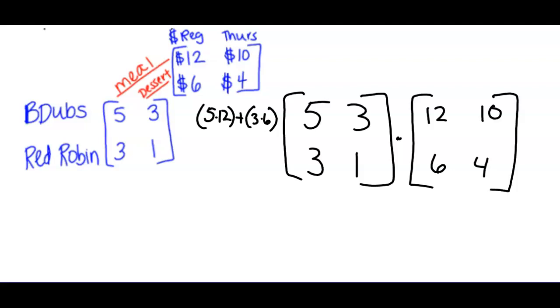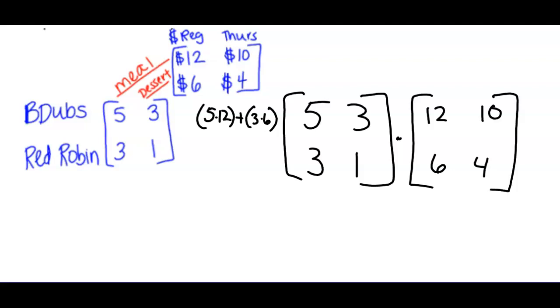Okay? So remember, it's row times column. Row times column. And we wrote our work over here for this one. And then we wrote our work down here for when we did this row times this column. And our work over here for this row times that column. Okay?